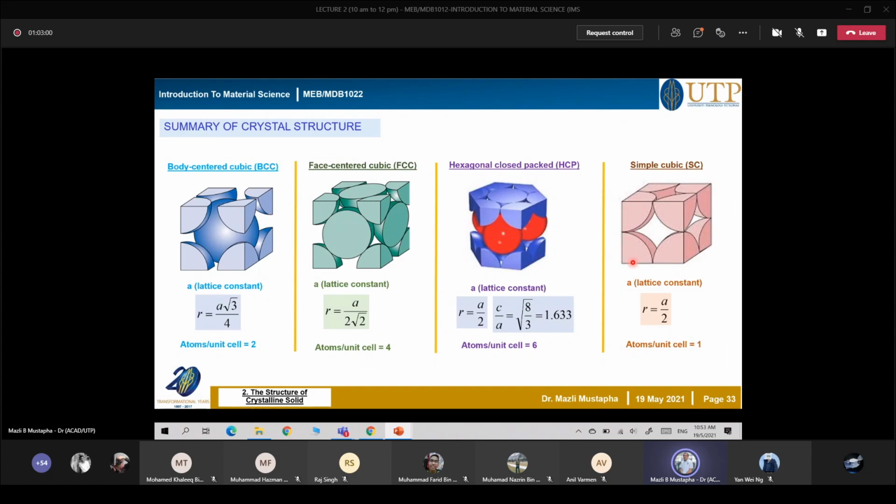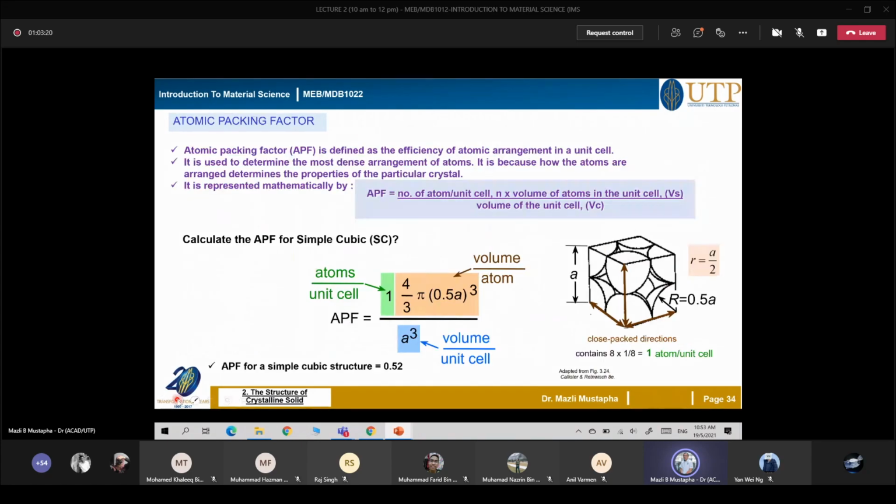Simple one. So I hope that by now we have learned the relation between the lattice parameter, or lattice constant as sometimes they call it, or the unit cell edge length, with the radius of the atom. Now, the atomic packing factor. What is the atomic packing factor?